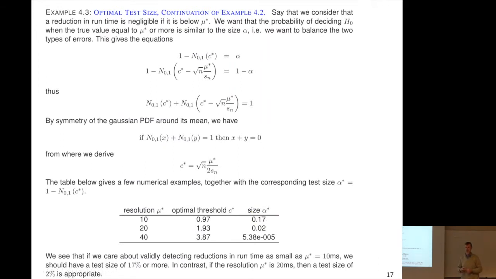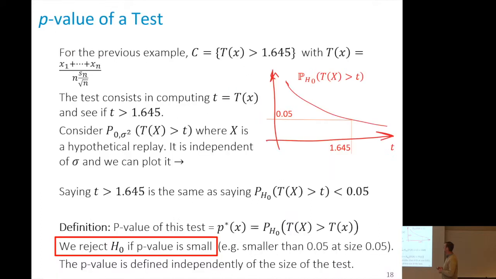If I have a test that has a smaller size, then I'm not able to have that resolution here. Right? This is what we should ideally do. So we should evaluate the two sides of a test and match them. In practice, very often this is not done, so we will have to live with it.